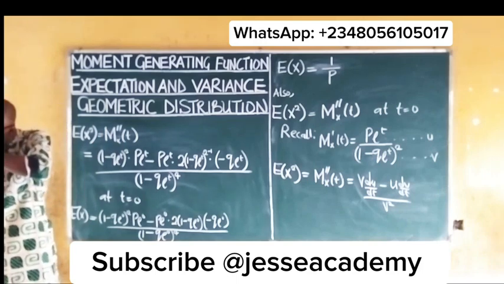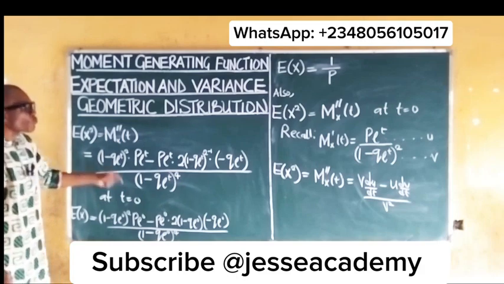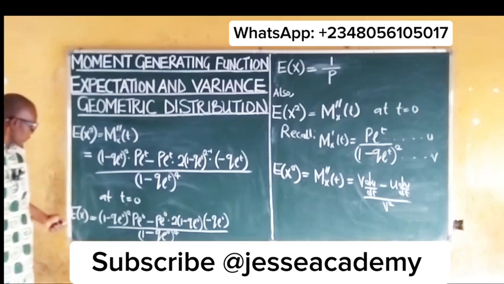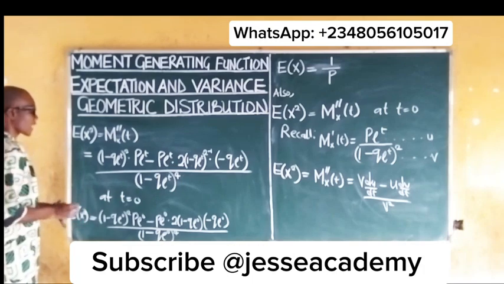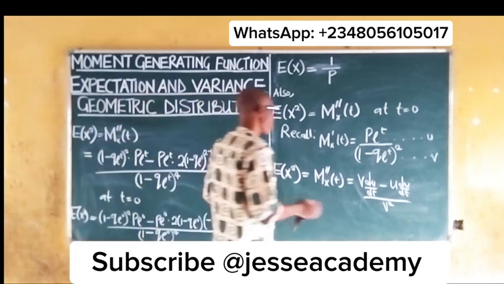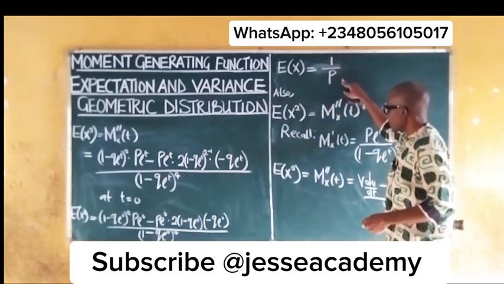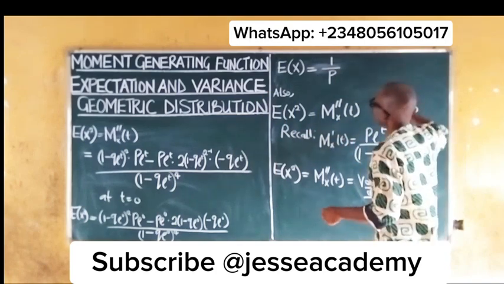So that is what we get. We'll move over to this other side again so that we can now resolve our expected value of x squared. We should recall that our expected value of x is 1 all over p, because we use that when we are calculating our variance.